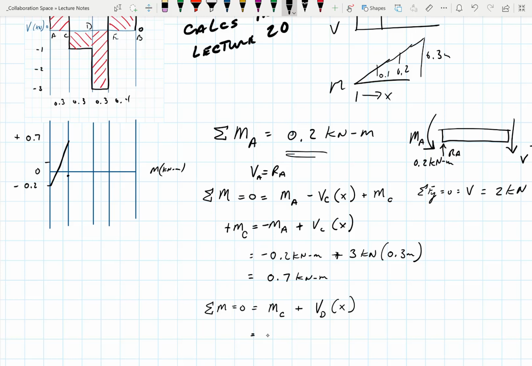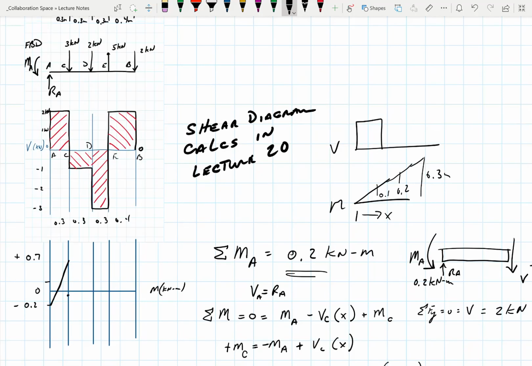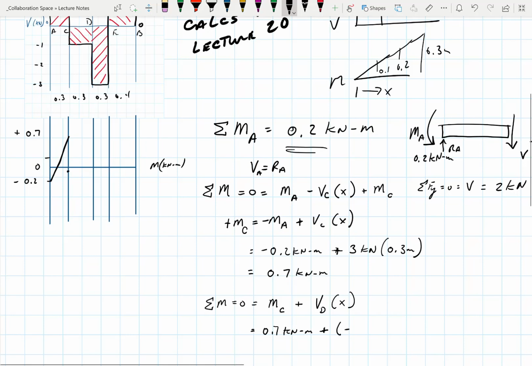All right, so 0.7 kilonewton meters plus a -2, right? Yeah, 2 kilonewtons down, times its distance is 0.3 meters.